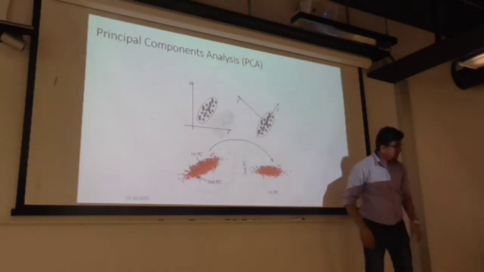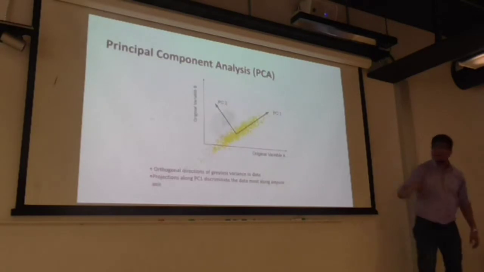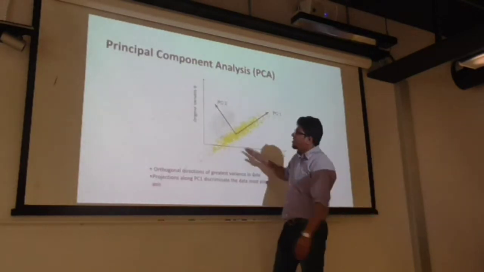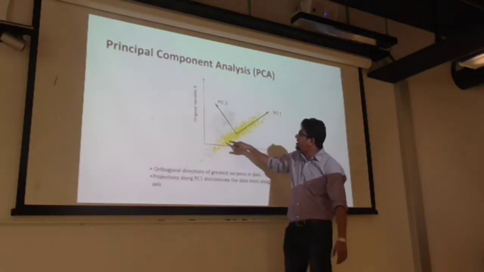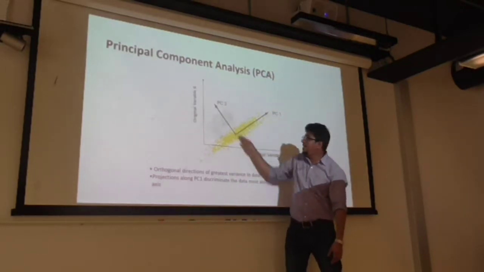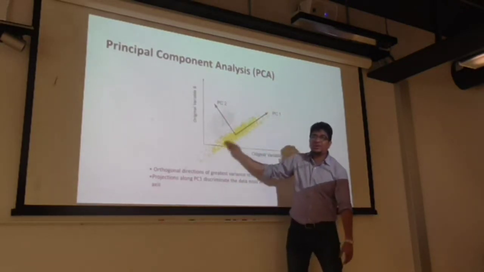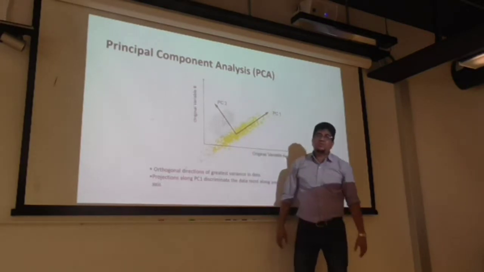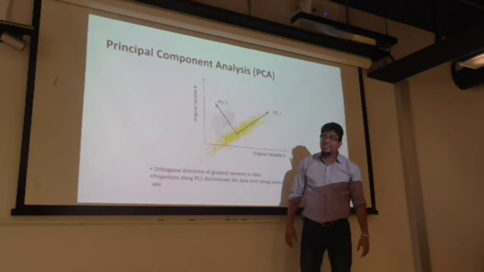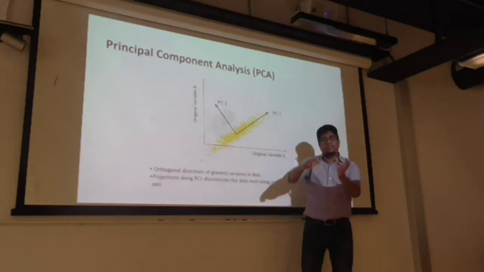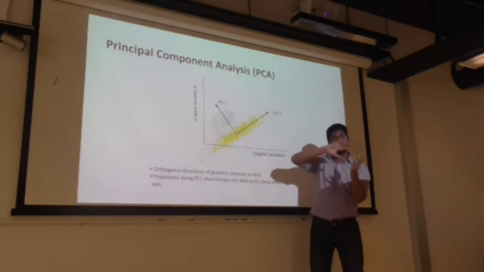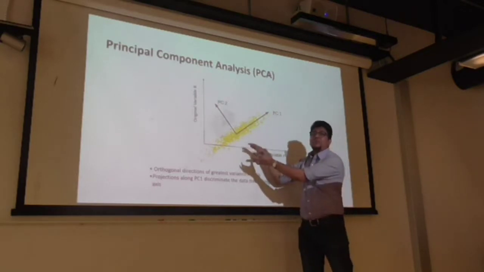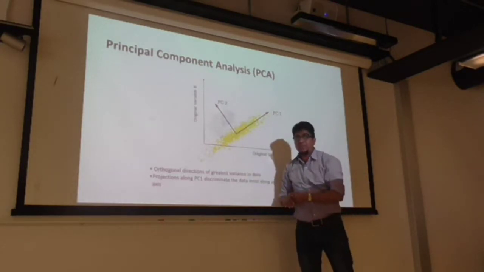That means, if we go back, this is our original coordinate system, right? But when we find the principal components, this will be our transformed space. Do you understand? We have one space, then we find another space, then project the data on that space. That will become our coordinate system.